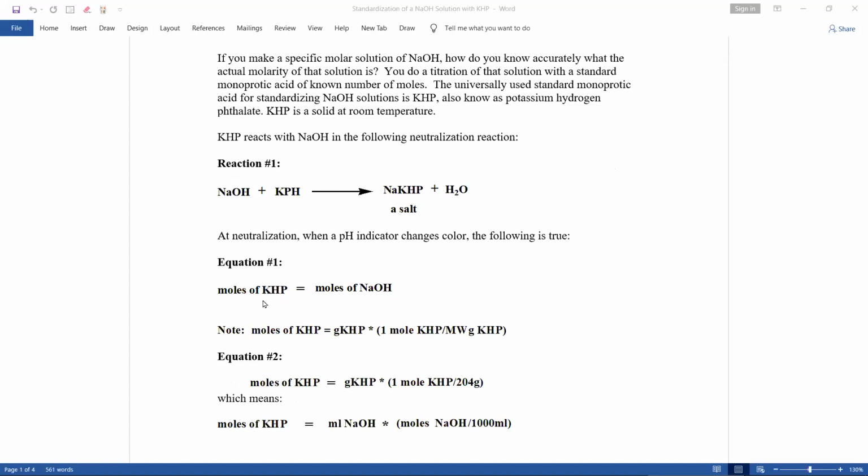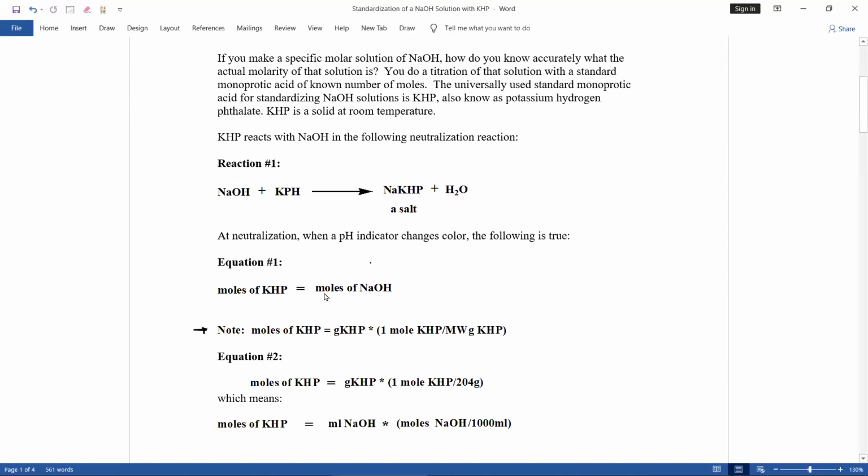Moles of KHP equal moles of sodium hydroxide. Now, KHP is a solid, so if you weigh out a certain amount of solid, you learned for test number 2, I have grams of this compound, how many moles of that compound? And you do the following.